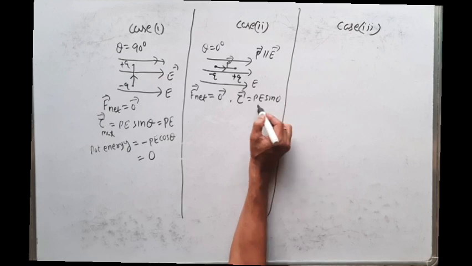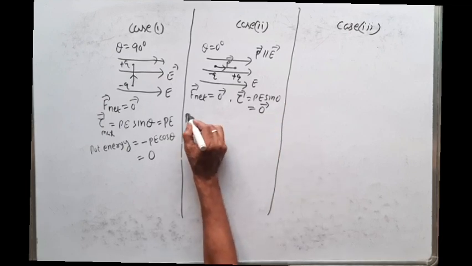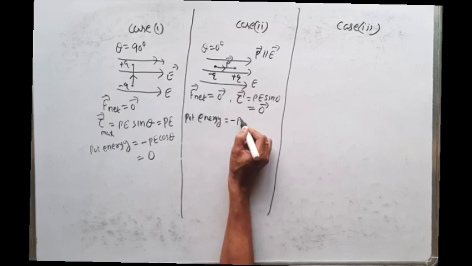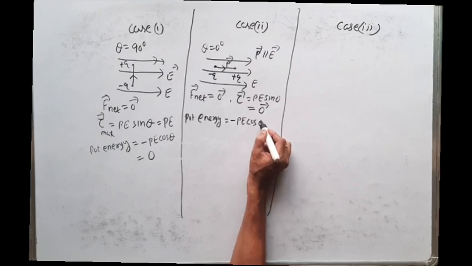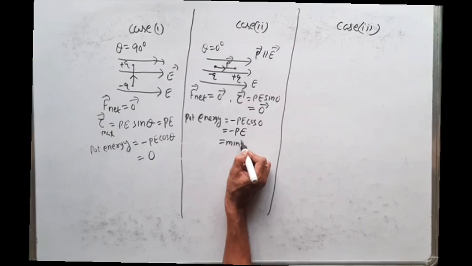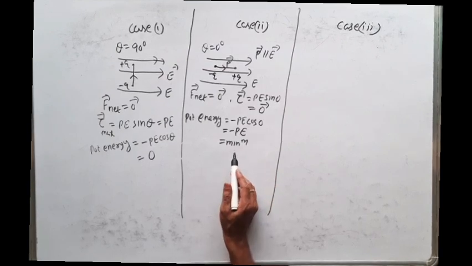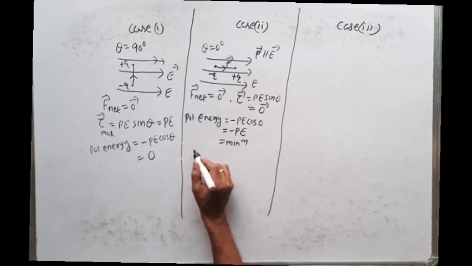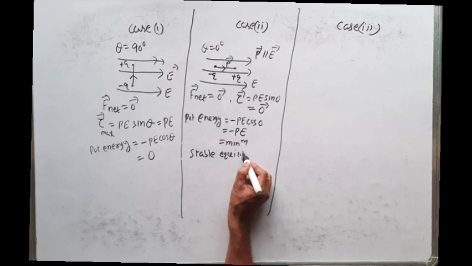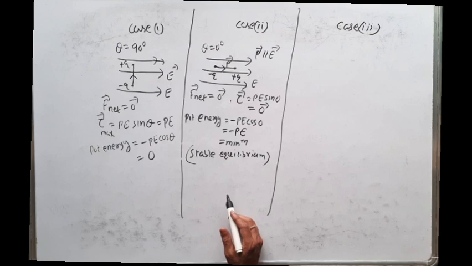Theta is 0, so torque is equal to 0. Then what is the potential energy? Potential energy is equal to minus PE cos theta. Theta is 0, that is minus PE, which is the minimum. So what do you mean by minimum potential energy? If anybody possesses minimum potential energy, then it is called stable equilibrium. For stable equilibrium, potential energy is always minimum.